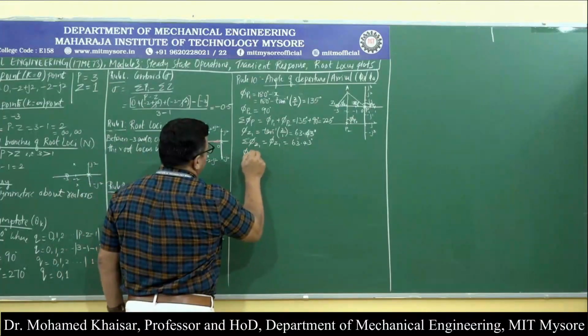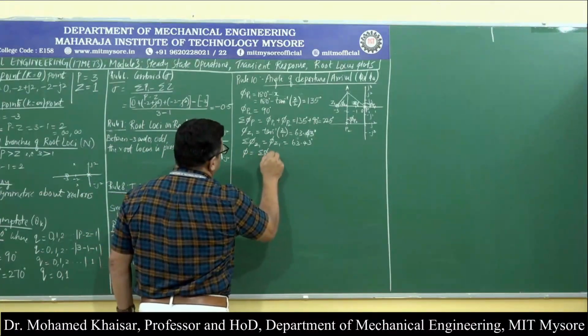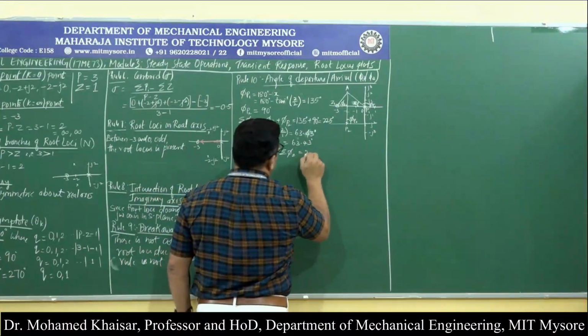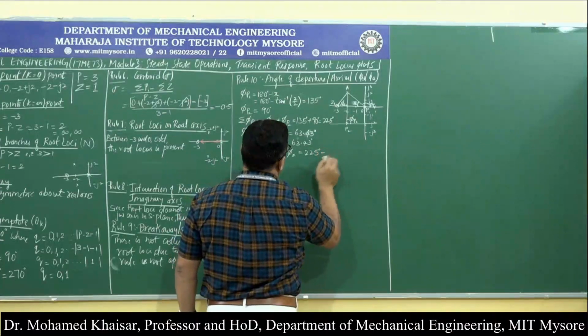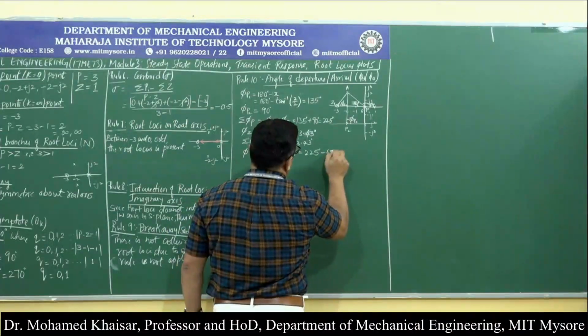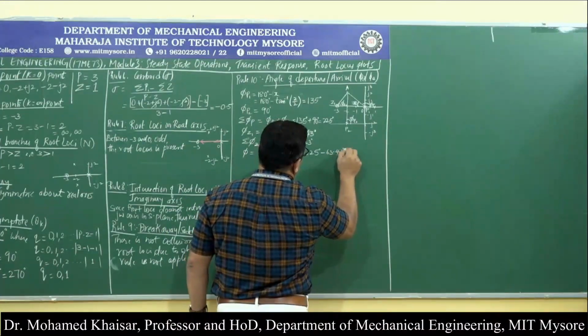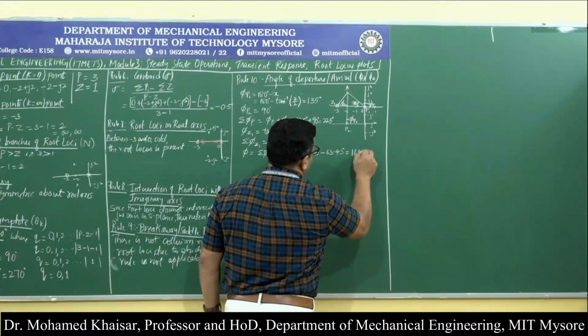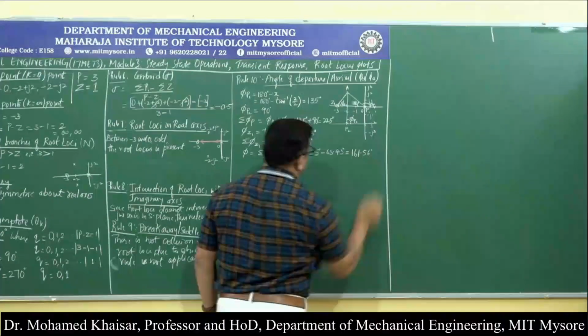Now, phi is given by sigma phi p minus sigma phi z, that is 225 degrees minus 63.43 degrees, which is 161.56 degrees.